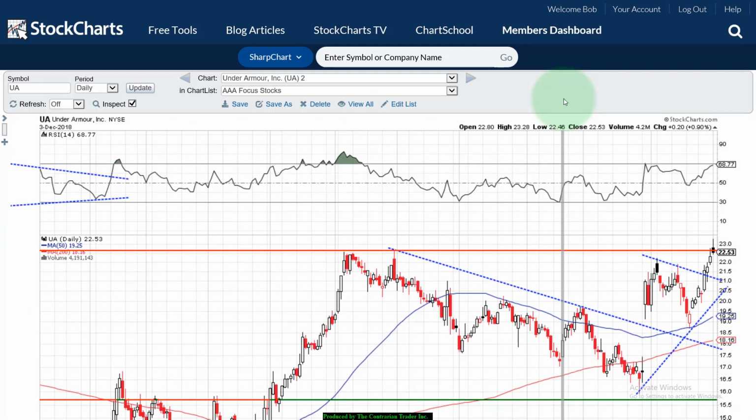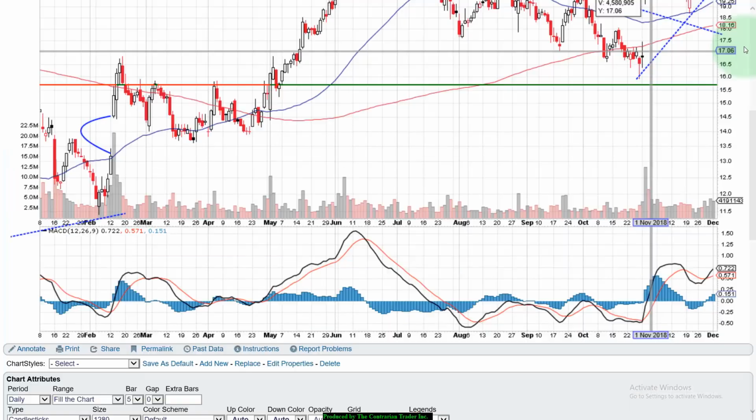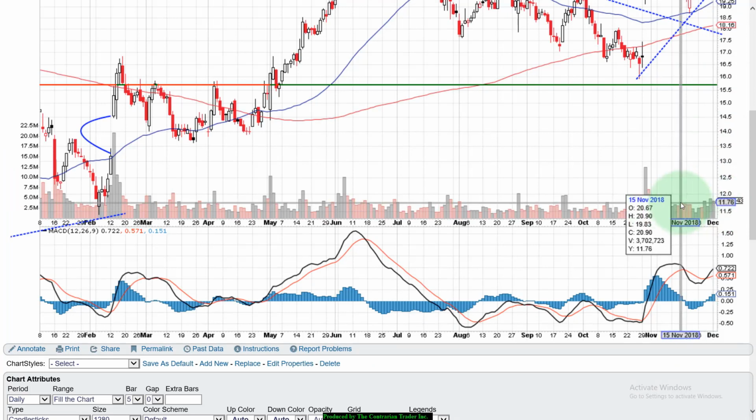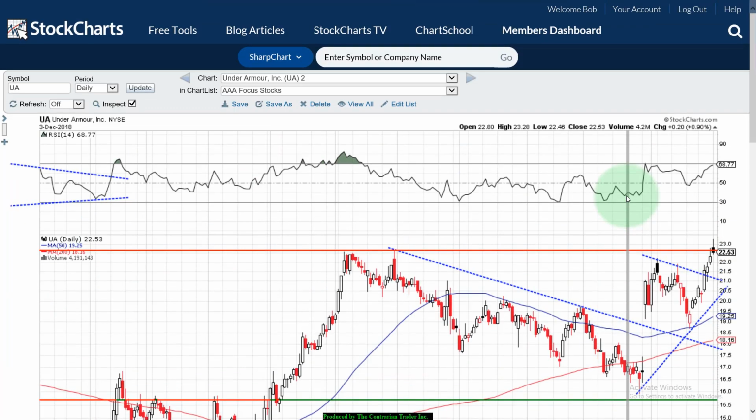On a daily perspective, it's a little bit extended here. Volume has been pretty good to the upside. So Under Armour, I like it. I just don't think that the risk reward is in your favor right now. Now, if we close above 22.68, we can put a stop loss right below the support level.